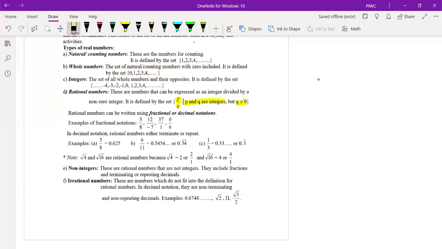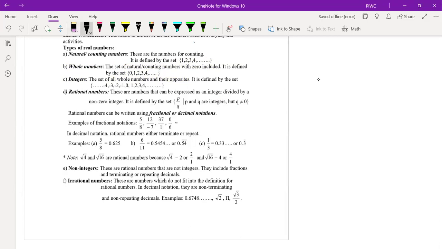So we have a rational number. The same for these two examples, 37/1 and 0/6. 0 is an integer, 6 is an integer. So this is a rational number, right?